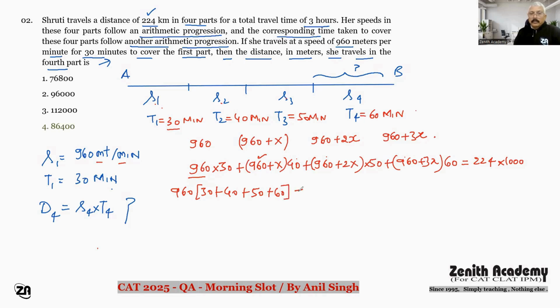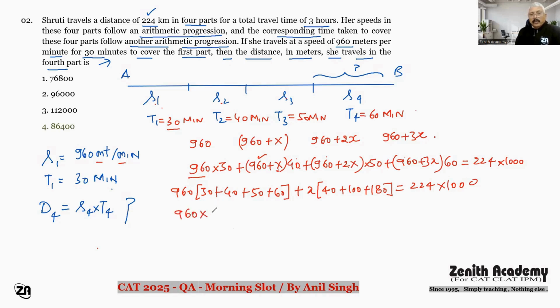This part is common. And X into 40, so take common X: 40, 50 into 2, 100, and 60 into 3, 180. This is 224 into 1000. And now it is 30 plus 40 plus 50 plus 60, that is 180.